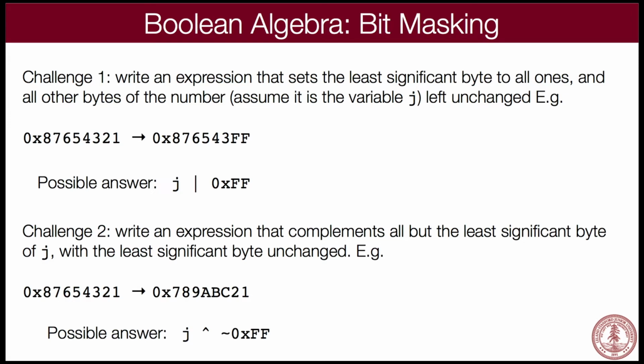If we have 87654321 and we want to just change that 21 into ff, we do j ORed with 0xff. Doesn't anything ORed with 1 become a 1? So the byte here, ORed with all 1s, gives all 1s, and we already said that f is all 1s.